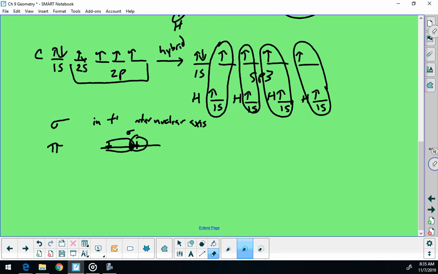Now, what kind of things usually have sigma bonds going on with them? All my hybrids are usually sigma bonds, all right? So these are usually my hybrid orbitals in the hybridized atom. My pi bonds are above and below.